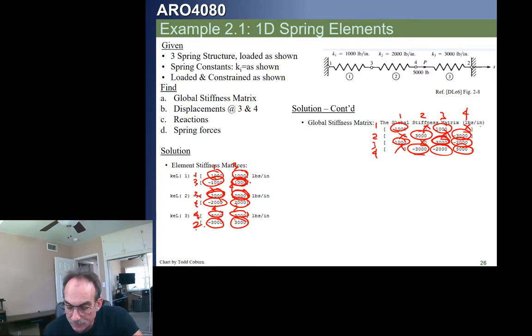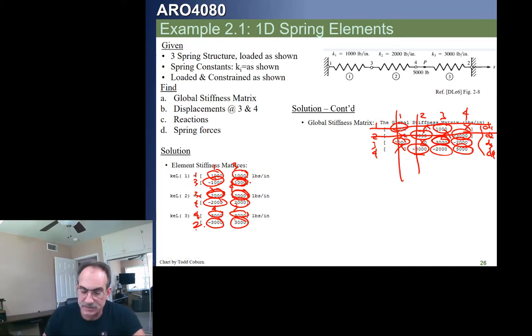We then can put in our displacements. This is D1, D2, D3, D4. But we know that D1 is 0. And we know that D2 is 0. Right? That means we're going to have the reduced stiffness system there. Let's take a look at that.